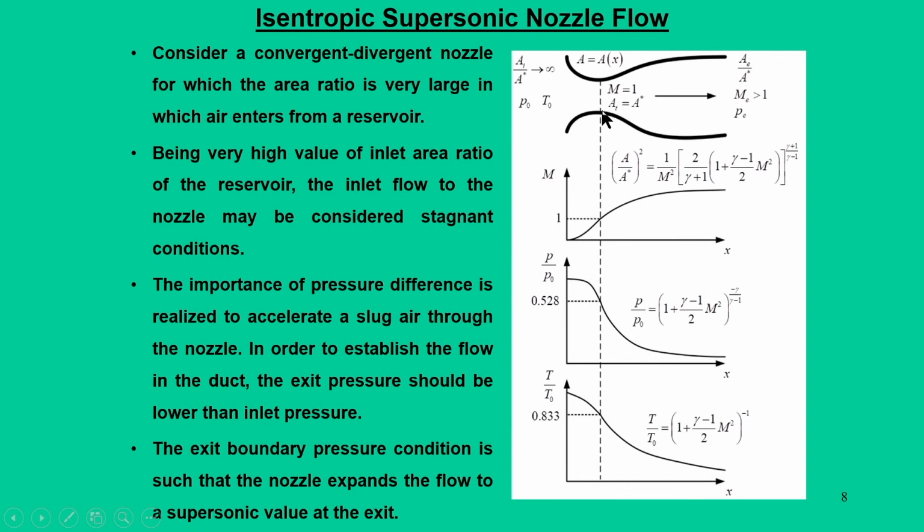At the minimum area, the flow becomes sonic, and the sonic flow sees a diverging passage and also adequate pressure difference, so it further accelerates. In a continuous way we can get a supersonic flow at the exit of this nozzle.